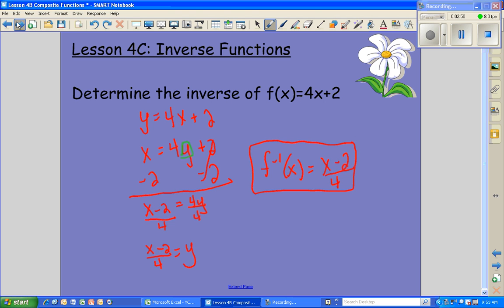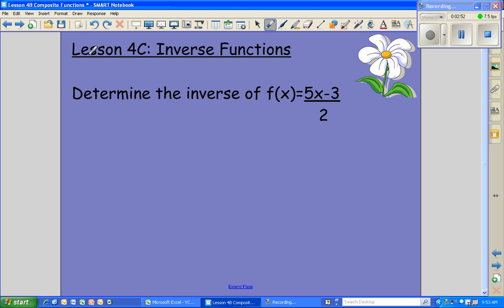All right, let's try that again. Okay, so we're going to take our function. The f of x is going to become y. Every y becomes an x. Every x becomes a y. Solve for the new y. I'm going to multiply each side by 2. I'm using my properties of equality. These guys will cancel out. So 2x is equal to 5y minus 3.